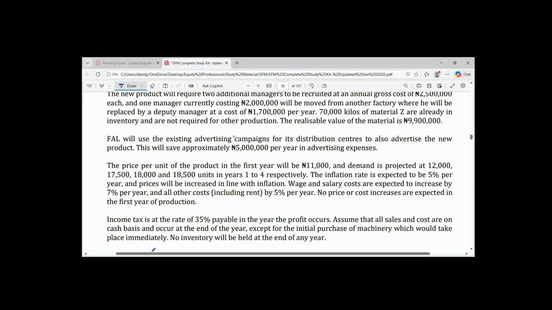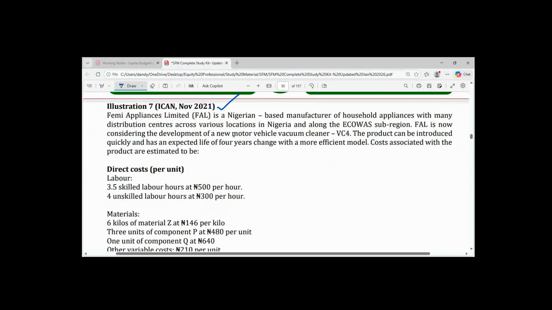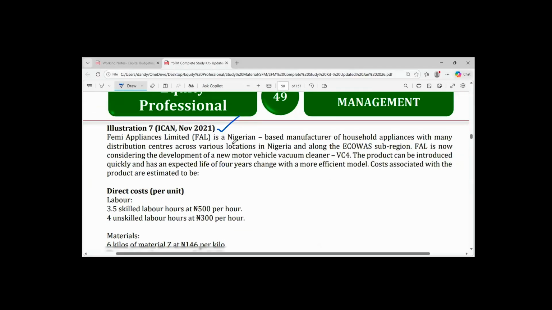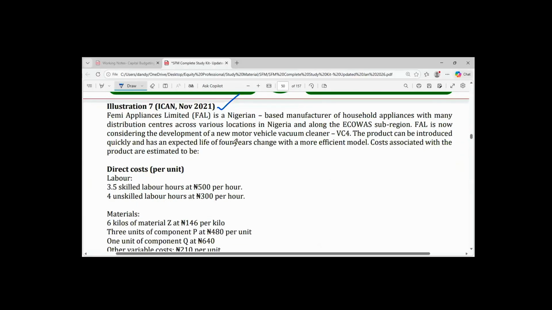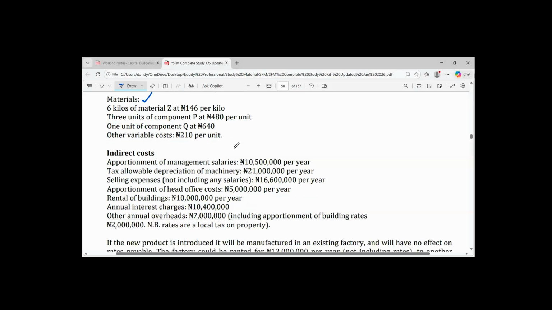You then go back to the body of the question and read from A to Z. Now, when you look at this question, you will see that the examiner has given you direct costs, and direct costs are divided into labor and material. Material is subdivided into 4 different items. Then you are also given indirect costs.